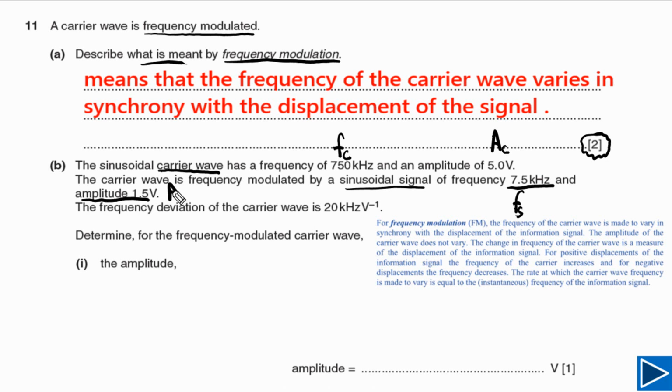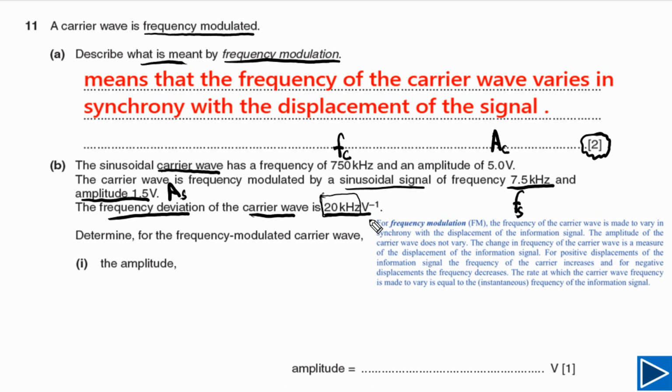The frequency deviation is given to us for the carrier wave, and this is 20 kilohertz per volt. It simply means that the frequency of the carrier wave will change by 20 kilohertz when the amplitude of the signal changes by 1 volt.